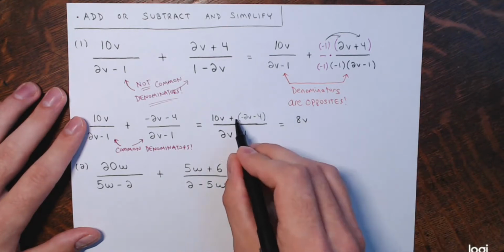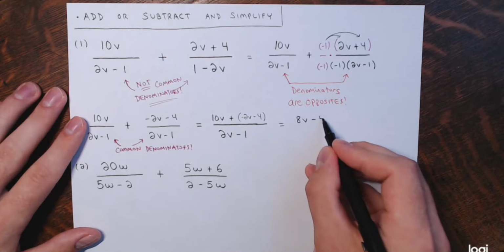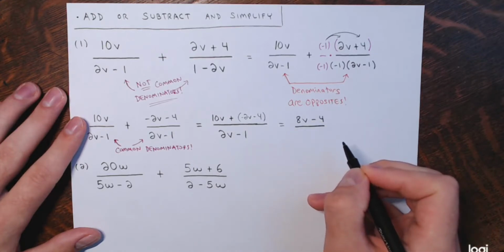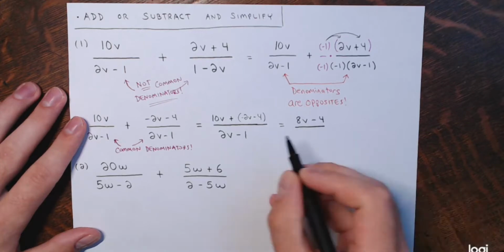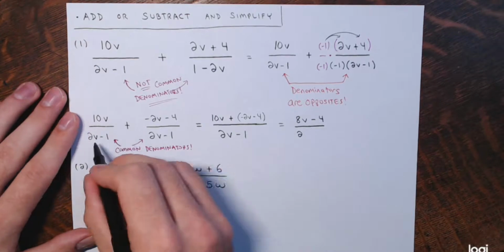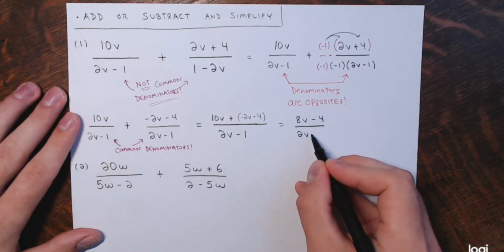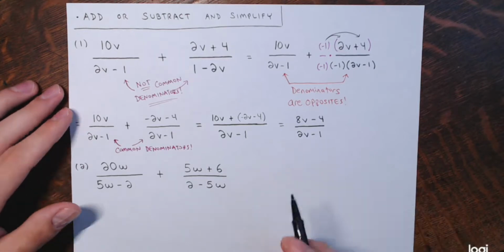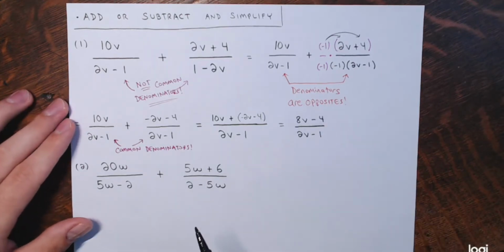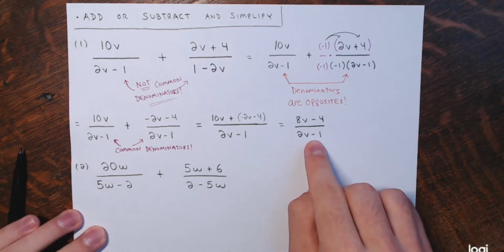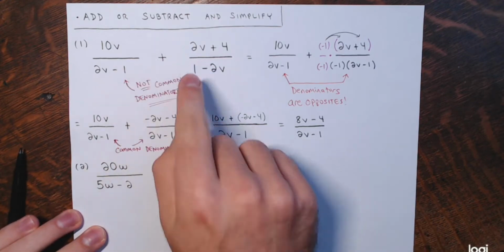And then you have the plus negative 4, that's minus 4 here. And so the numerator is 8v minus 4. The denominator is still this common denominator, the one we got them to be the same, this 2v minus 1. And there we go. All right, this fraction right here is the sum of the two that we started with.